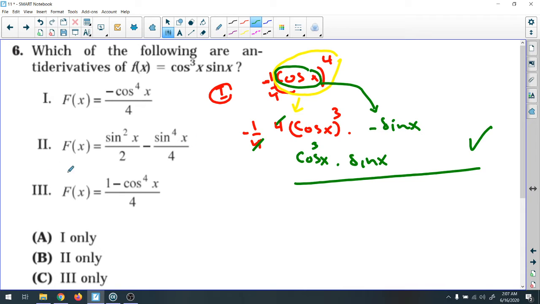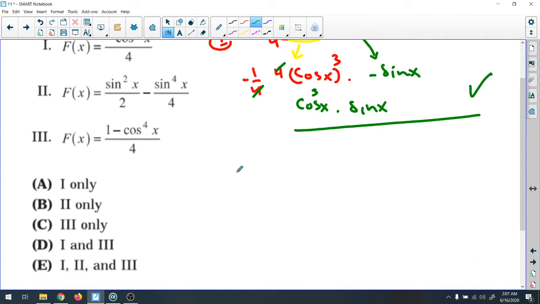Let's try the second part. Rewrite it. It will be half sine x squared, and I would love to make it squared like this because some of you get confused in the other form, minus 1/4 times sine x all to the 4.